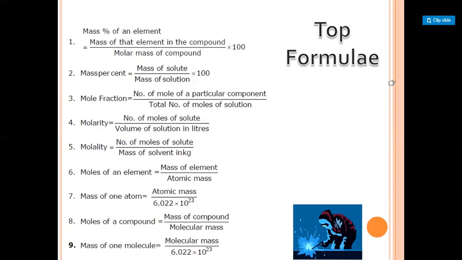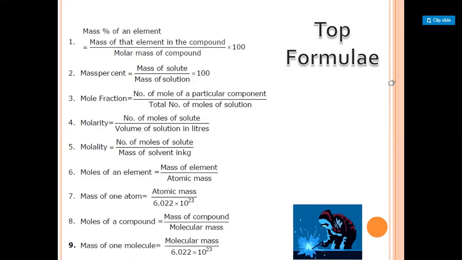Next is the mole fraction: number of moles of a particular component upon total number of moles of solution. Next is molarity. Molarity means number of moles of solute upon volume of solution in liters. Molality: number of moles of solute upon mass of solvent in kilograms.